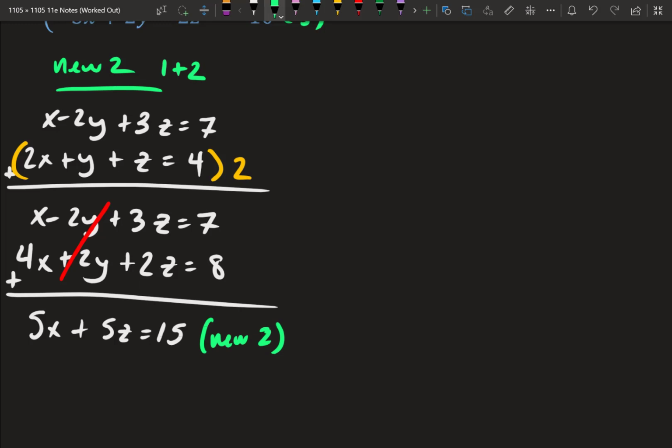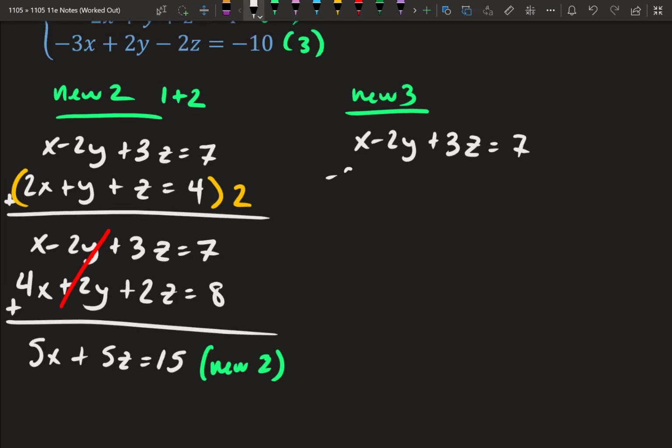Now we need to find new 3. For new 3, we take equation 1 and equation 3. In new 2, we got rid of y, so in new 3, we need to get rid of y.